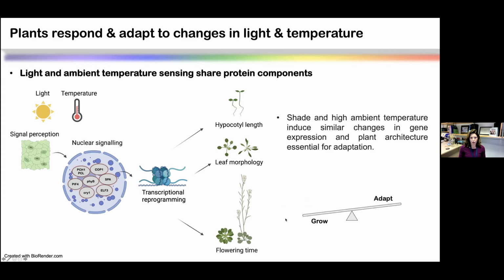And again, a lot of this signal integration and all these components are found in the nucleus and lead to major changes in transcriptional reprogramming, which again lead to changes in plant morphology, development, and adaptation, such as hypocotyl elongation, leaf morphology, and flowering initiation. And in particular, shade avoidance and high ambient temperature induce very similar architectural changes due to changes in gene expression that are important for adaptation.